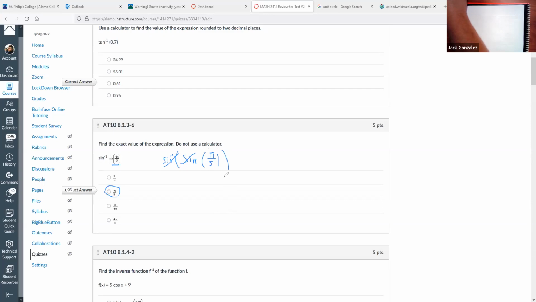And if you're wondering how do you find the reference angle? Just subtract from pi. So pi minus 4 pi over 5 will be pi fifths.